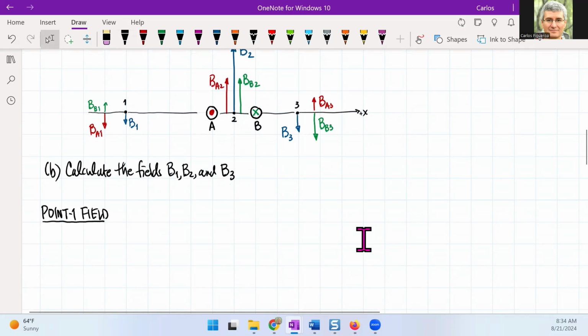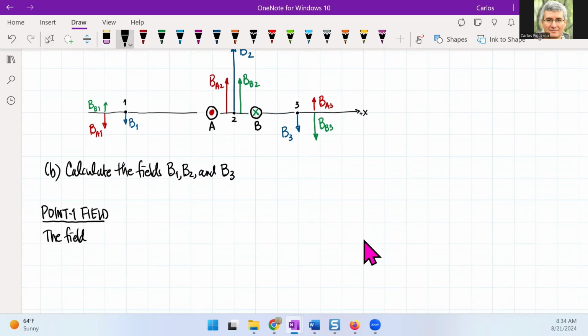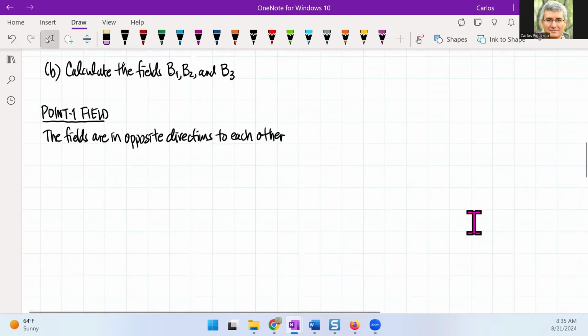So the fields are in opposite directions to each other. And when I start to sketch out their picture, we need to start talking about distances here.